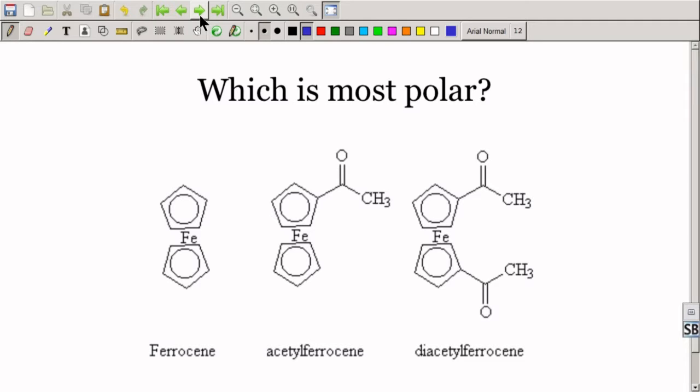You take these and sandwich them around an iron 2, and they physically sandwich the iron 2. It's kind of deceptive the way it's drawn on this slide. You have 2 rings that are both parallel to each other with an iron 2 ion right in the middle of it.